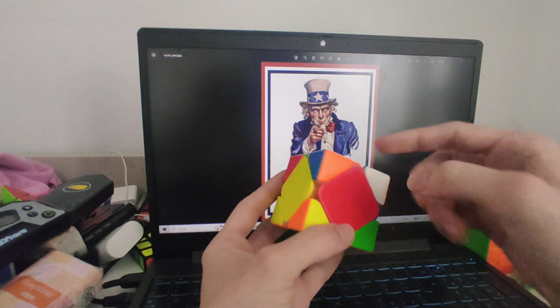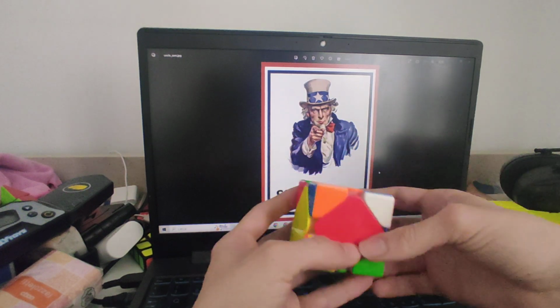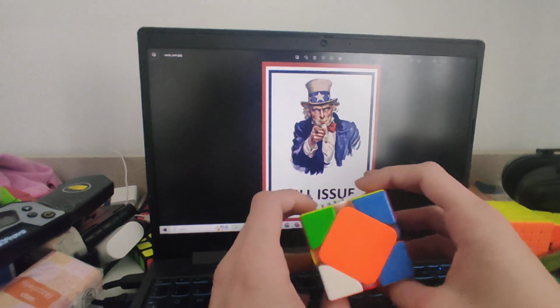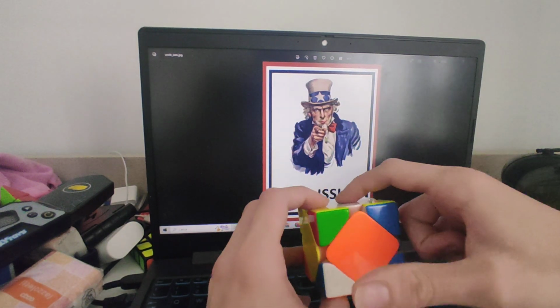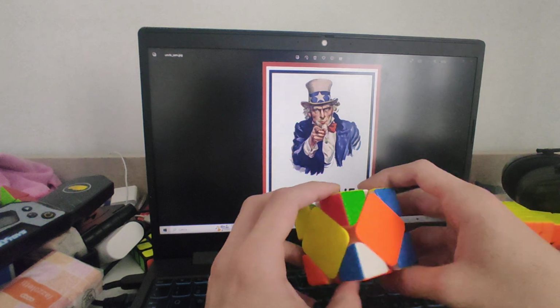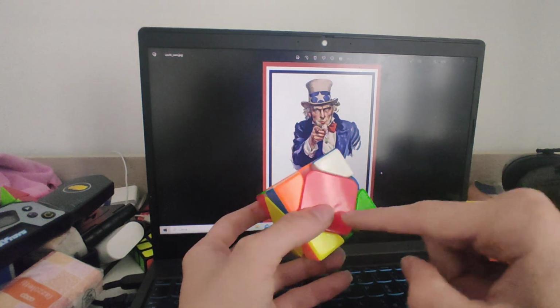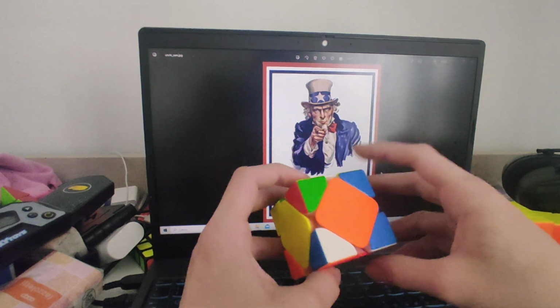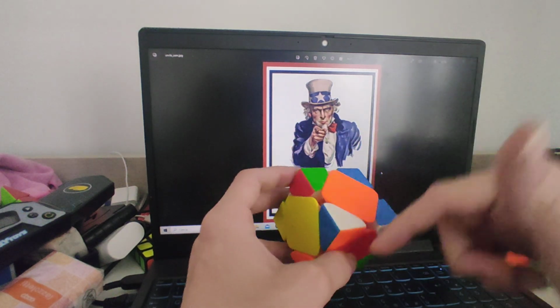So you could trace the corners and see that we got a pi with headlights in the back. And as far as the centers are concerned, I see this center goes here. So this is the U center. And then I see this center goes here and then it's solved. This center goes down here, then it's solved. So immediately I will know that this is a vertical U-perm.